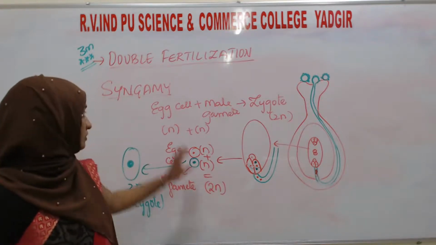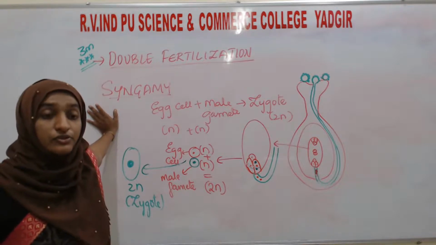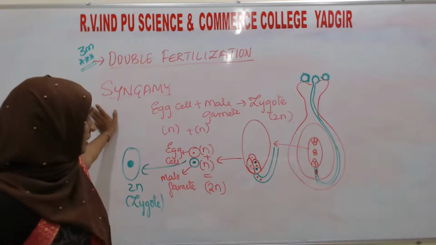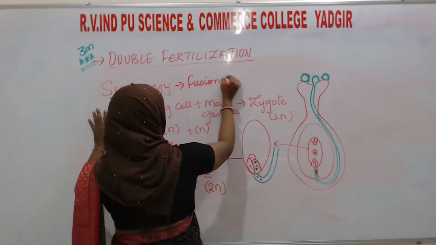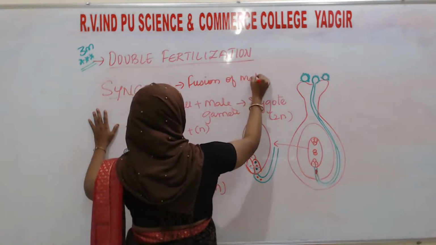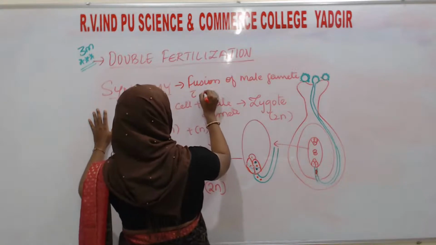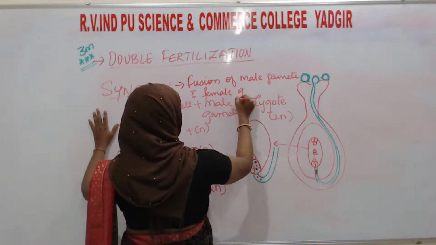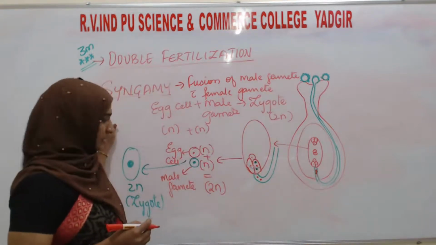You can also write syngamy: fusion of the male gamete with the female gamete, similar to fertilization.